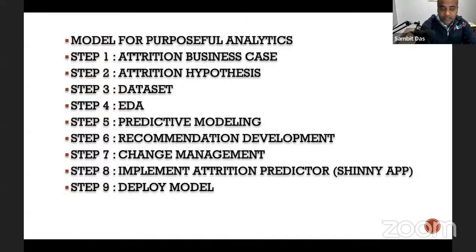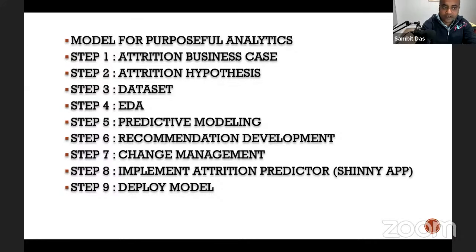I will give you an overview of the data set. The data set for the attrition project is publicly available. It is published by IBM, and it's called the IBM attrition data set. It is freely available if you do a Google search, and it's also available on Kaggle and other platforms.